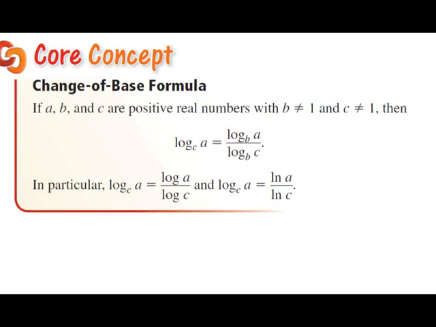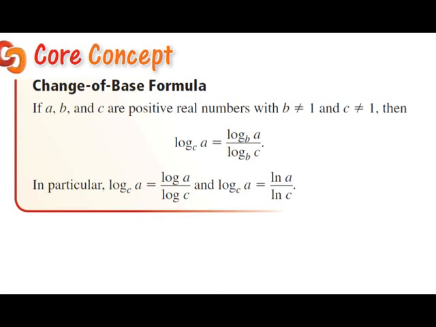Basically what that says is if you have a log base c of a, you can actually change the base to be whatever you want it to be, so long as your final answer is a log base b of a divided by log base b of c. What in the heck does that mean, Mrs. Doran?